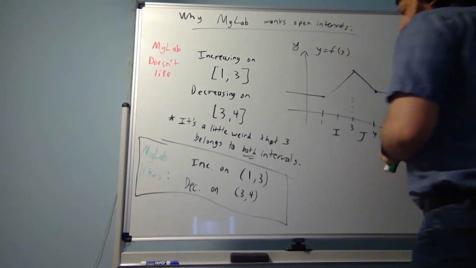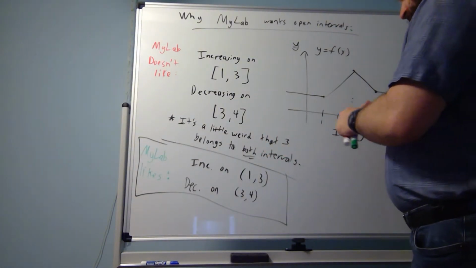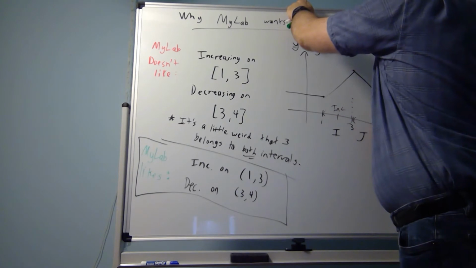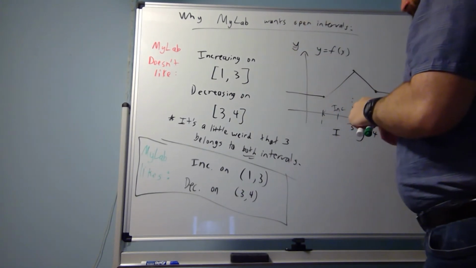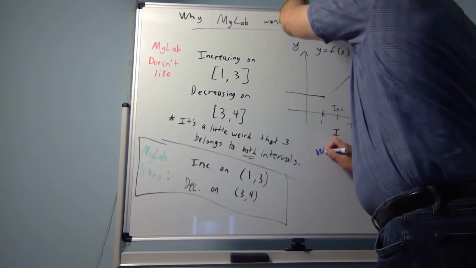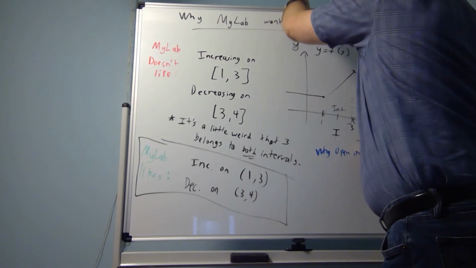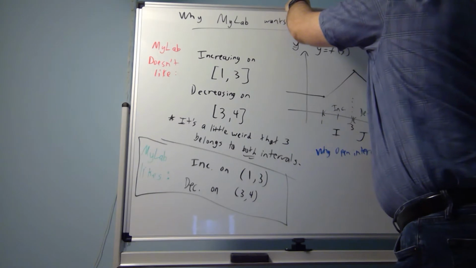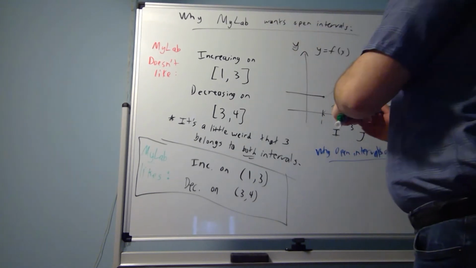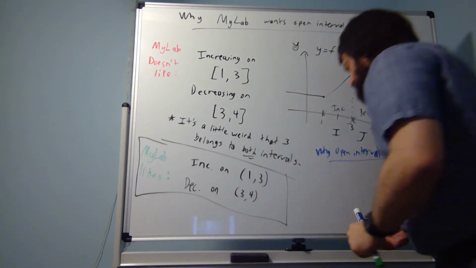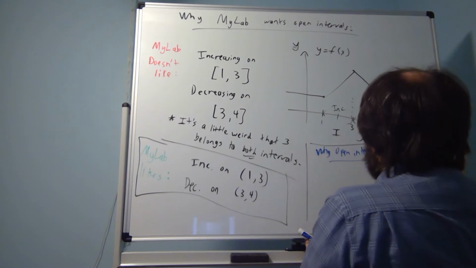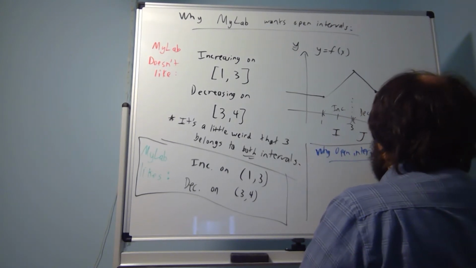So one other reason why open intervals are kind of nice is that, well, you can always go a little bit to the right and a little bit to the left.